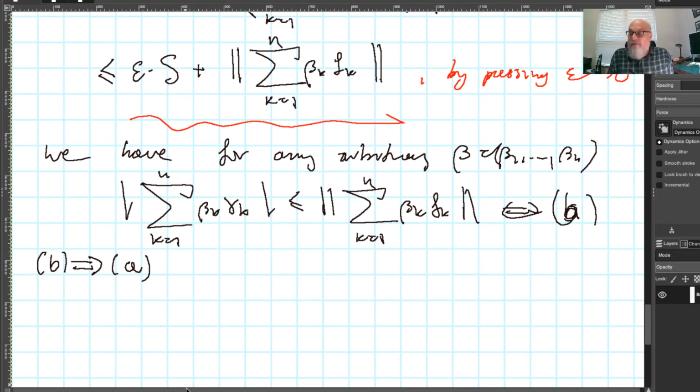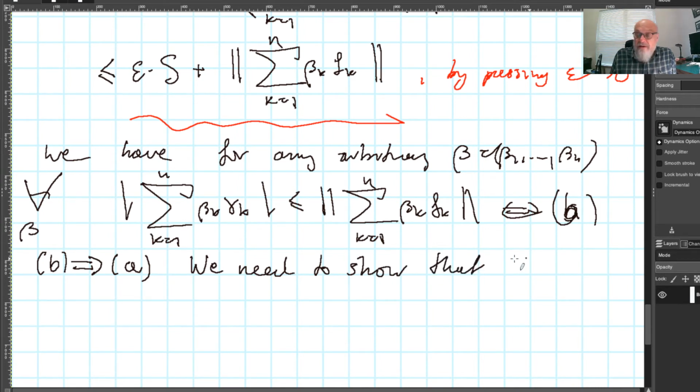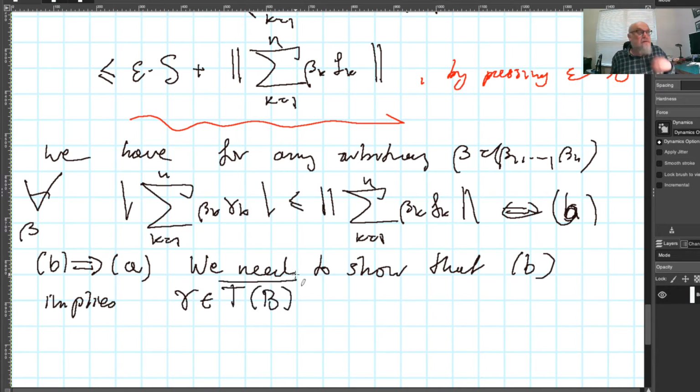This is for every beta, and we need to show that B implies that gamma belongs to the closure of B under this mapping T. Okay, that's exactly what is supposed to be.